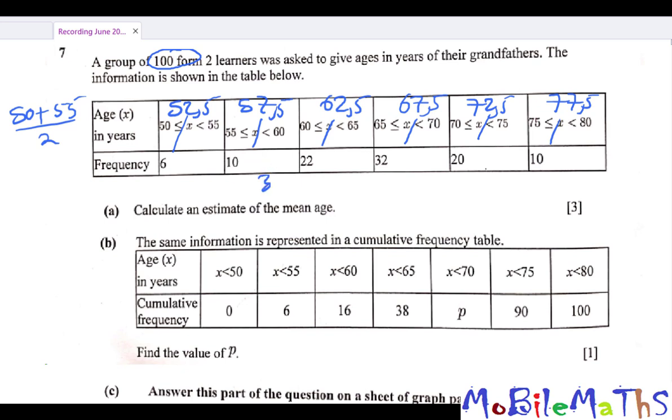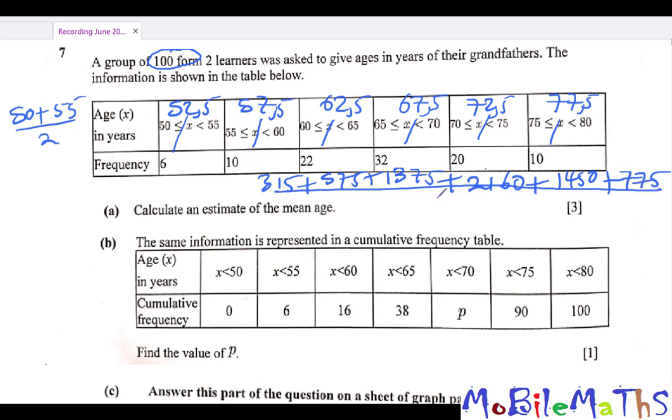Plus 57.5 times 10, that's 575, plus 62.5 times 22, I'm getting 1,375, plus 67.5 times 32, I'm getting 2,160, plus 72.5 times 20, I have 1,450, plus the last one, 77.5 times 10, that's 775.